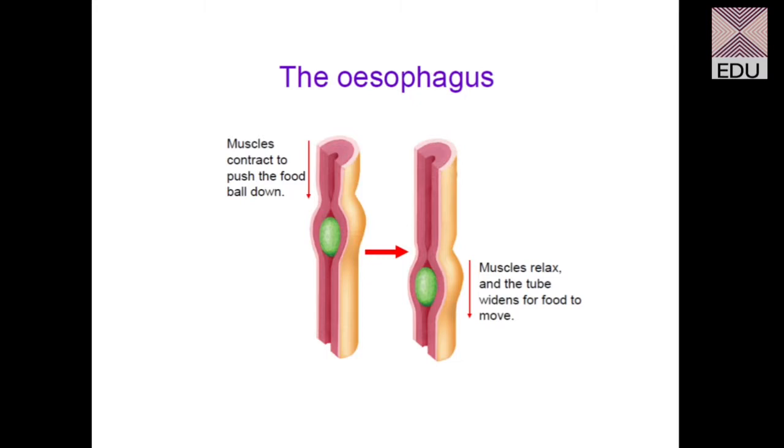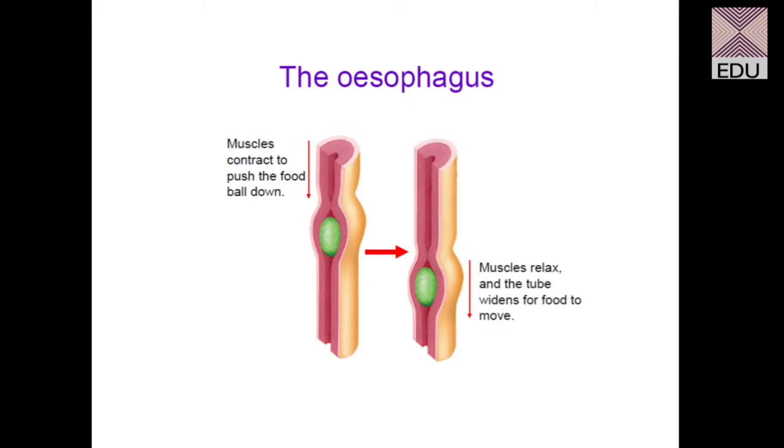This is the third phase. As you can see in the right side diagram, the muscles over the food are contracted, but the muscles around the food are relaxed. That means this is a wave of contraction in the esophagus that takes the food down to the stomach. So this is the third stage of deglutition.